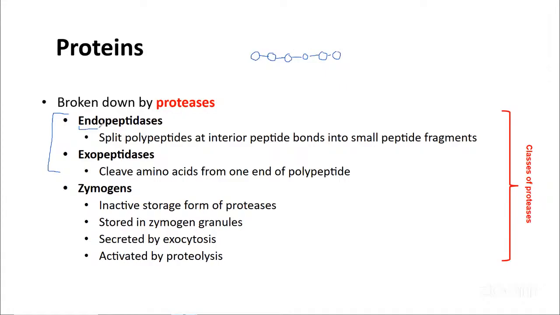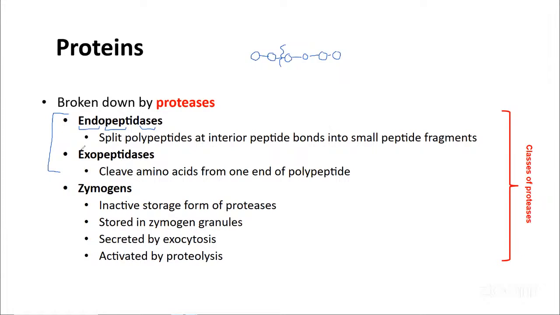So endo is like inside, peptidase. It's telling us again, this pep is for our polypeptide, ase is for our enzyme. So we're going to be able to break like here if we're thinking about an endopeptidase. So they're able to split our bigger polypeptide into smaller little chunks by attacking those interior bonds.